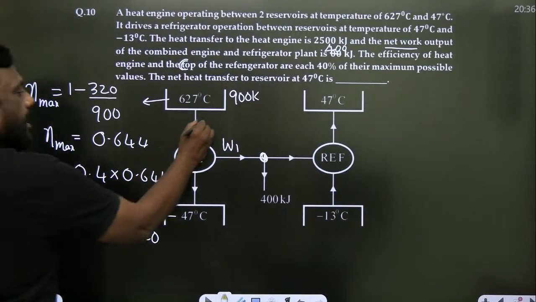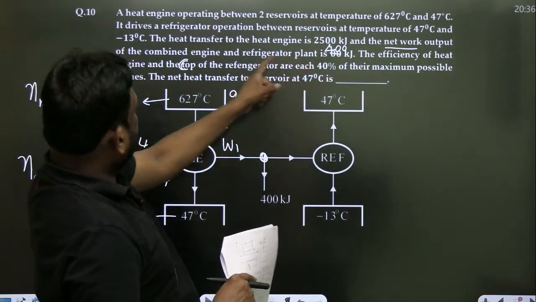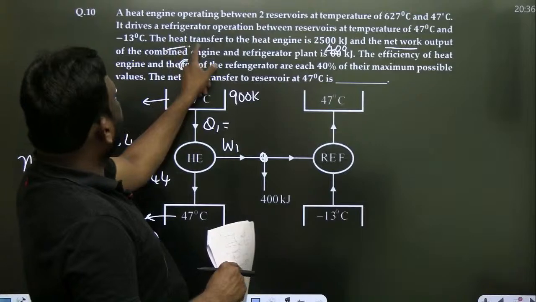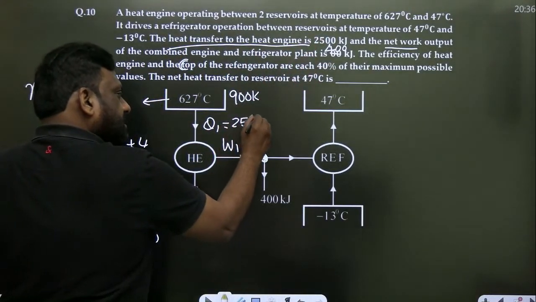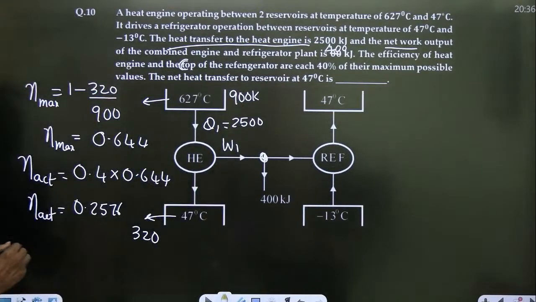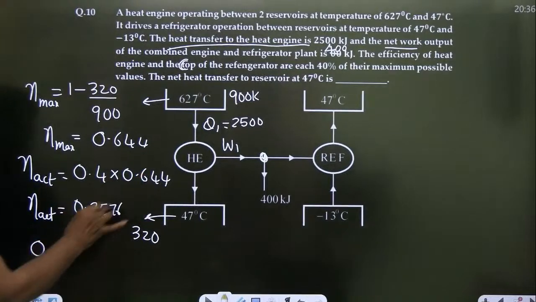Wait. And he also said how much heat engine is taking. देखो paper. Somewhere it is given. The heat transfer to the engine is 2500. This is given as 2500 sir जी. ठीक है. तो can I calculate? Already efficiency is given. So I don't take maximum efficiency, take actual.